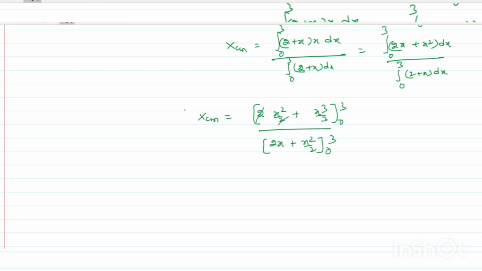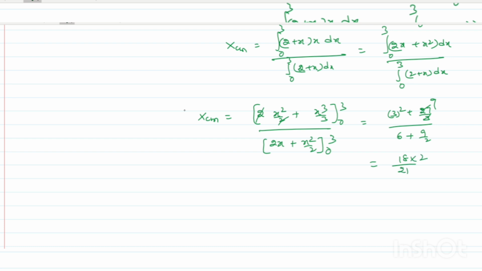So this 2 gets cancelled, and now you substitute the values: 3 square plus 3 cube by 3, that is 27 by 3, which gives 9 plus 9, that is 18, by 2 times 3, which is 6, plus 3 square by 2, which is 9 by 2, giving 12 plus 9, that is 21 by 2.